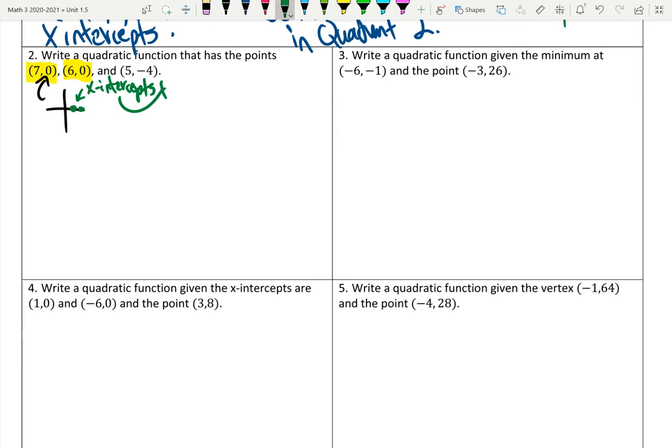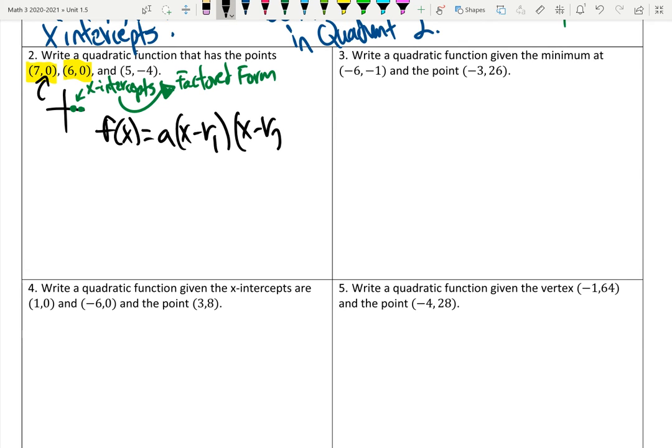And this causes me to use factored form. Okay, let's continue. Now, I have to figure out, using factored form, f of x is equal to a times x minus root 1, x minus root 2. Now, let me substitute my roots in.